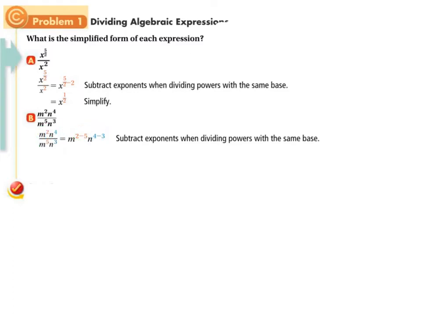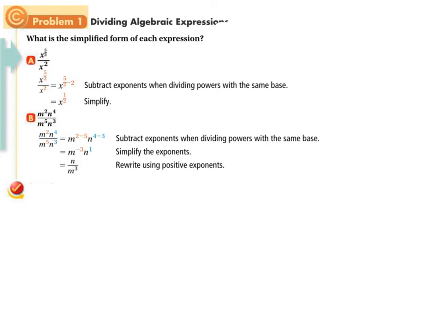Well, 2 minus 5 is negative 3 for the m, and 4 minus 3 is 1 for the n. Now we need to resolve these. n to the first, we don't write as n to the first, we just write as n. And this m to the negative 3, we put on the bottom as m to the positive 3. So we have n over m to the third, because the m goes on the bottom because of the negative, and the negative gets used up in doing it.